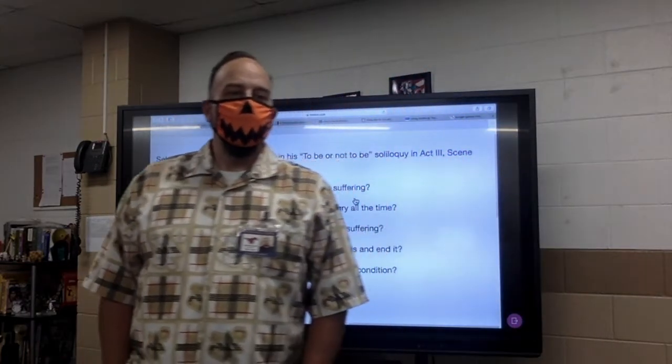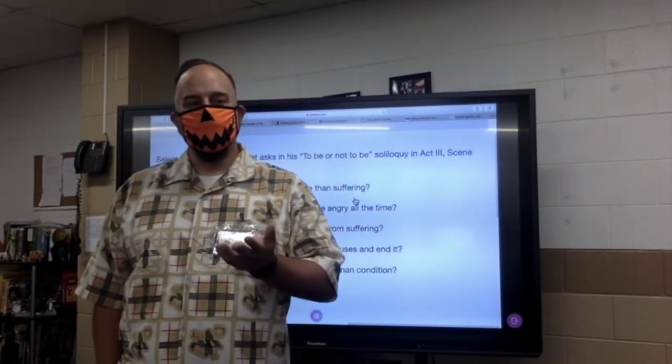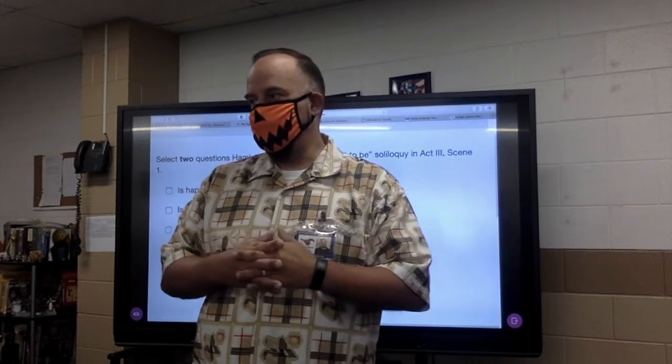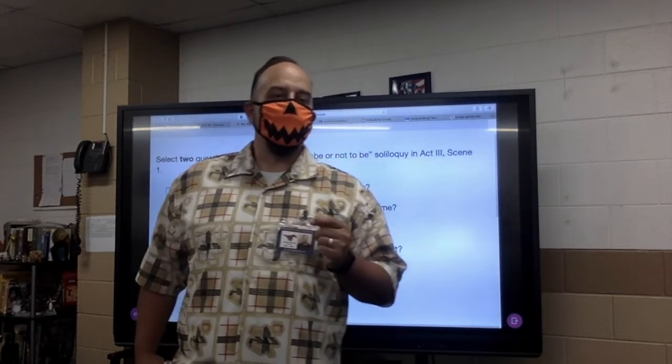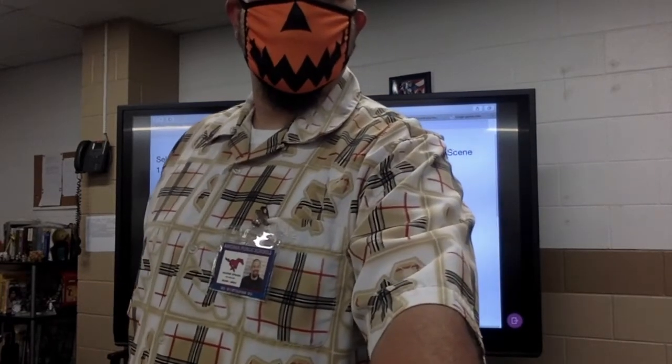And what he's saying in this soliloquy, if you go back and look at it, and I would recommend you do that if you're struggling with this, is that the first thing he addresses in the to be or not to be speech is he says, should I just accept suffering? Is it just the way it is? Or should I fight to end it? So that's one of the ones we want to choose.